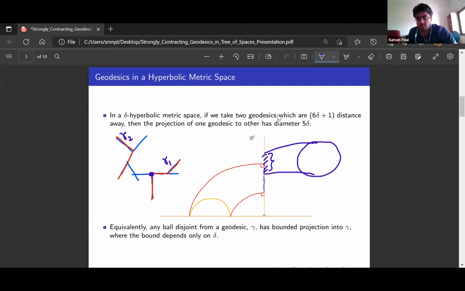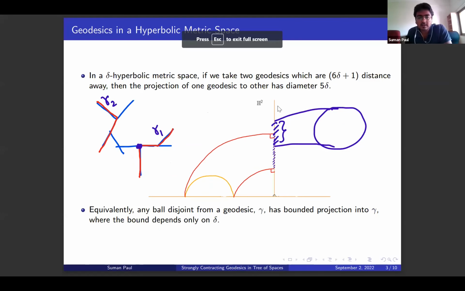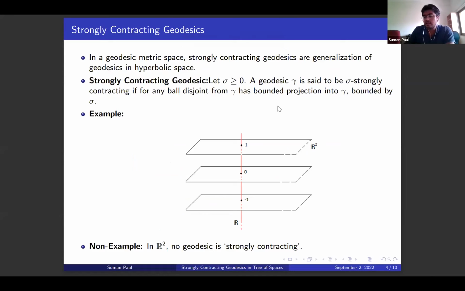Yeah. So now what we do, we impose this property of geodesic to a general metric space. Okay, and call those geodesics strongly contracting geodesics. So in a geodesic metric space, strongly contracting geodesics are a generalization of geodesics in hyperbolic space. So the definition: let sigma be greater than 0.